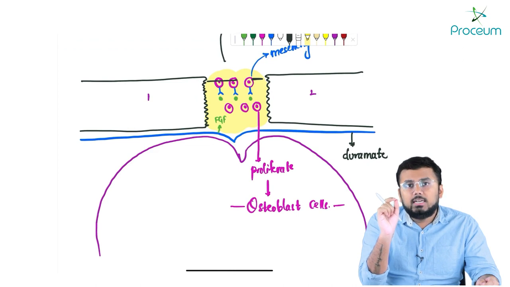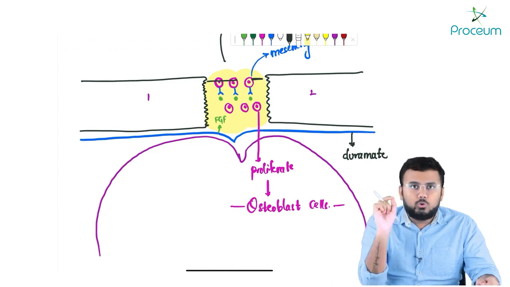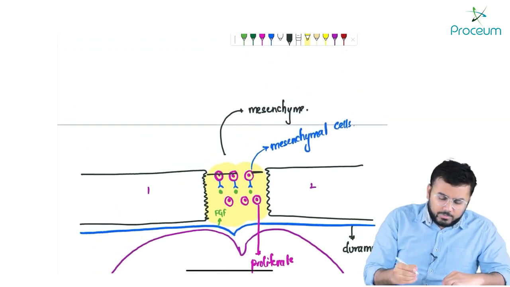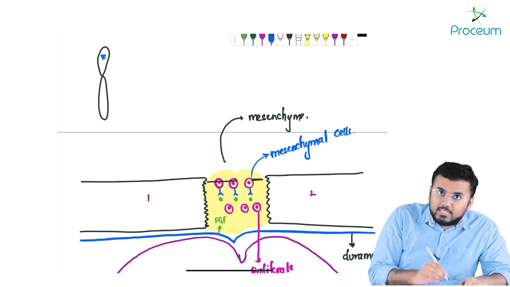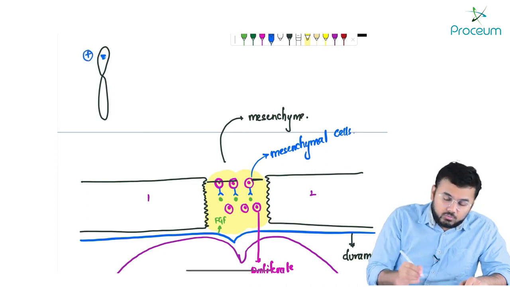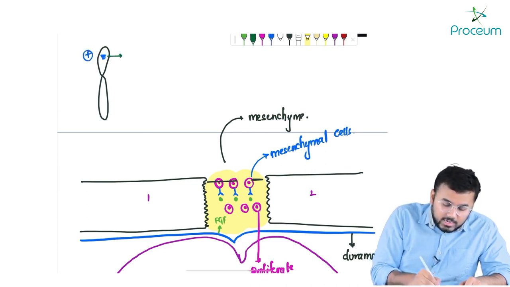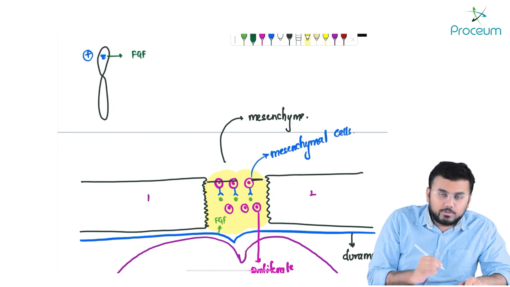Now, why is there premature fusion of sutures? The genes that encode fibroblast growth factor, for example, let us say there is a chromosome over here with some set of genes. If I activate these genes, they start releasing fibroblast growth factor.